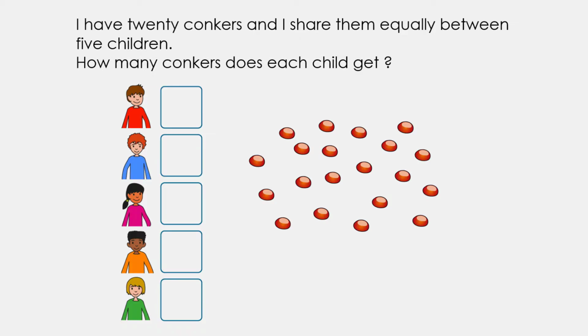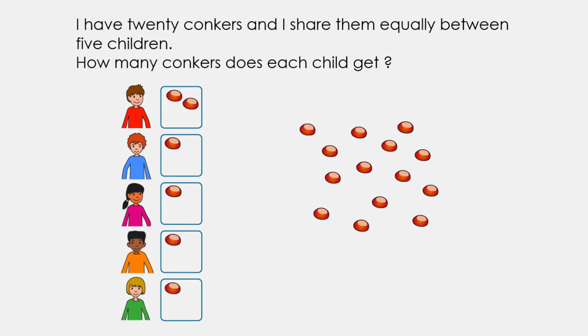Now, I know you've had lots of experience of sharing things out equally in your life, haven't you? I'm sure you share things all the time. So one way of doing it is the one each method. 1 for you, 1 for you, 1 for you, 1 for you, and 1 for you. And we'll keep going back to the first person.